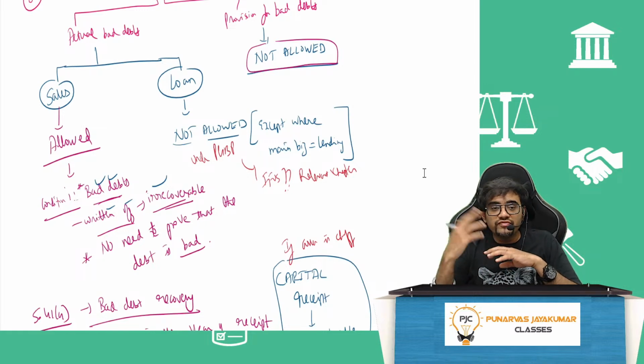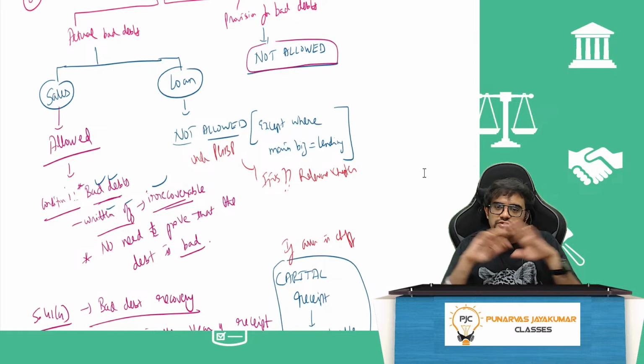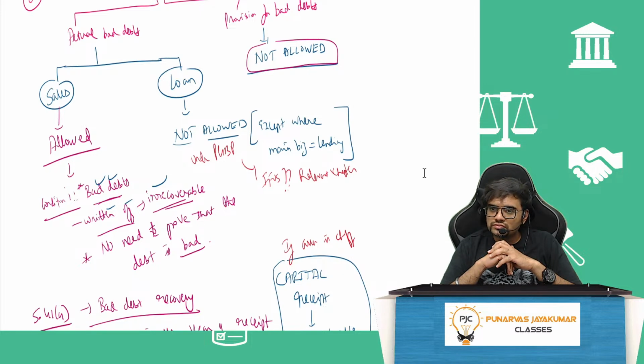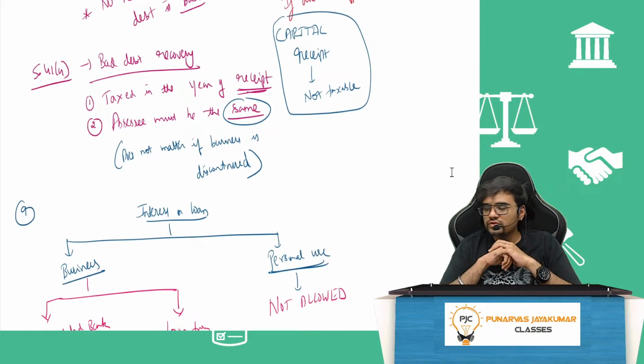Or let's say you will pay me 15,000 rupees in that. 5,000 anyway gone. 15,000 you pay. What will be the treatment of that 15,000 rupees tomorrow? Yes, taxed in the year of receipt under 41(4). So bad debt recovery taxed in the year of receipt.